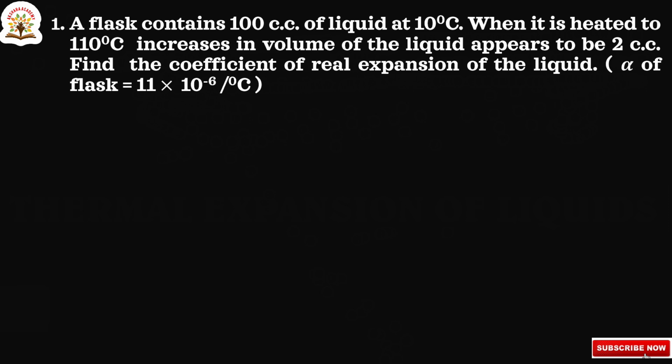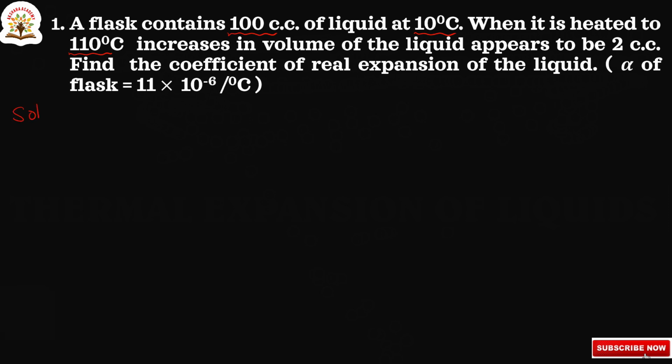This is a flask containing volume V1 at T1, and T2 is 110 degree centigrade. Here we are increasing the temperature from 10 to 110 degree centigrade. Then the volume of liquid appears to increase by 2 cc. So we have to find the coefficient of real expansion of liquid. The given alpha value is 11 into 10 to the power of minus 6 per degree centigrade.